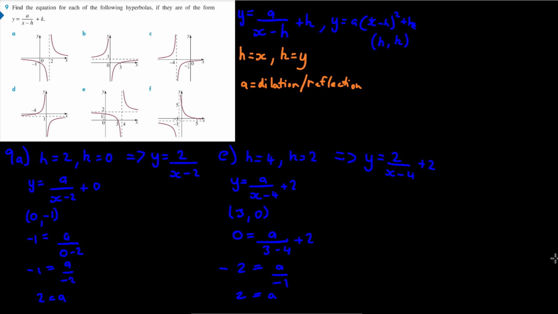So let's list that. What did we have today? We had 3 pieces of information. So step 1, 3 pieces of info. We had the h value, we had the k value, and then we had an x-int or a y-int.